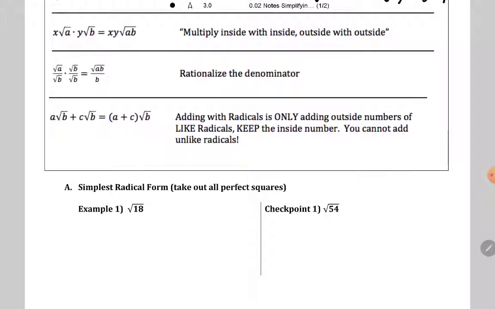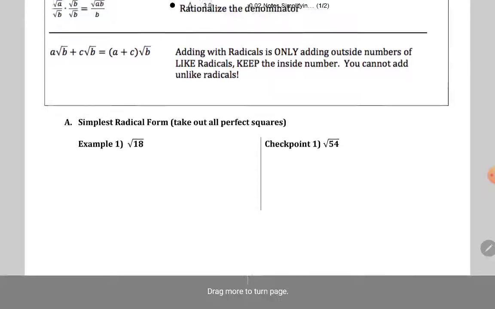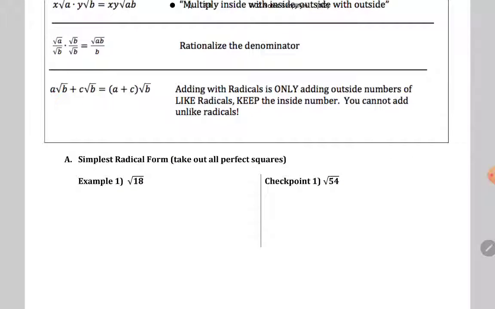And we can only add like radicals together, and I'll show you more during the examples. So simplest radical form, square root of 18. We want to simplify it. We want to break it down into its simplest form.